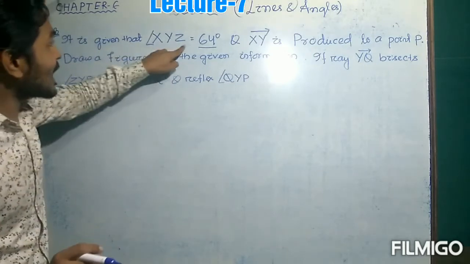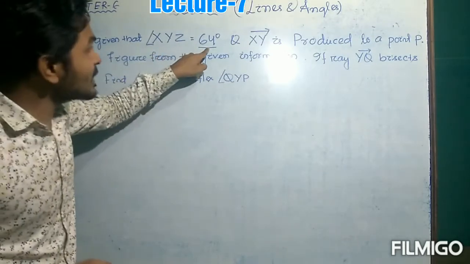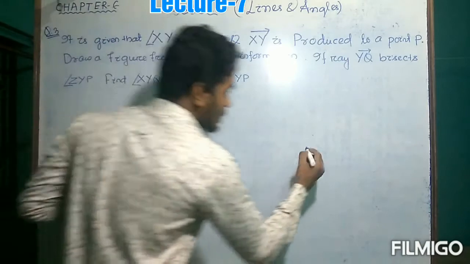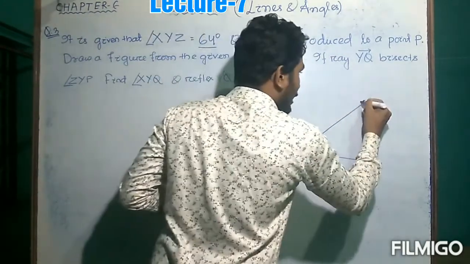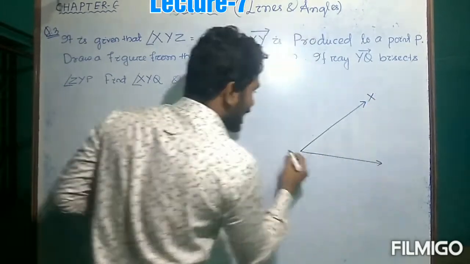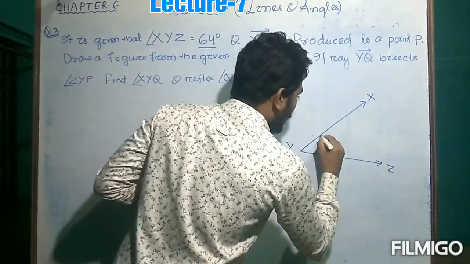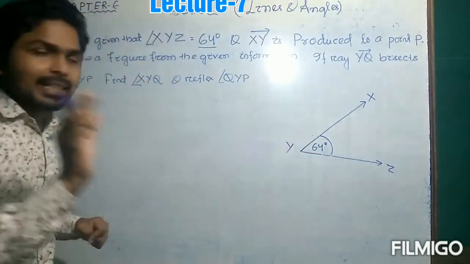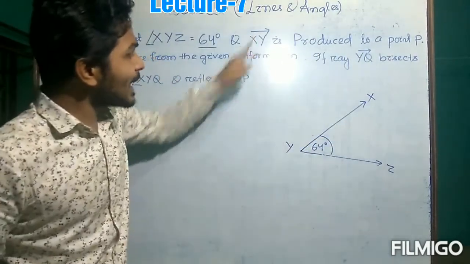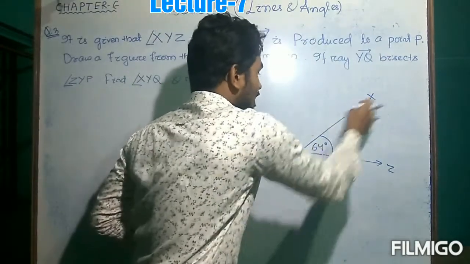So it is given that there is an angle XYZ which is equal to 64 degree. So let us draw an angle of measure 64 degree. Okay. Suppose this is an angle measuring 64 degree, XYZ. Right. Next, XY ray. This is XY.